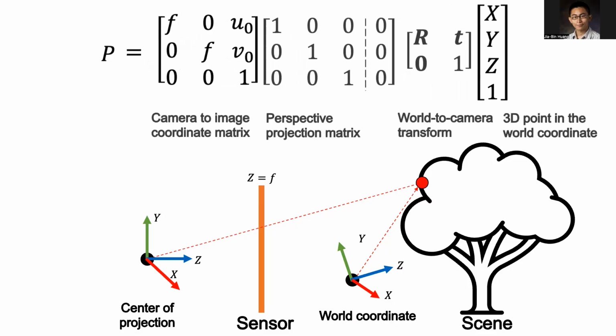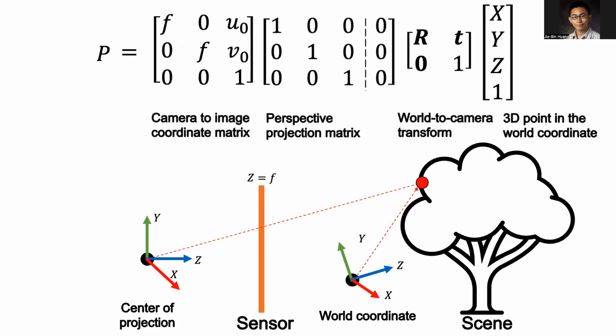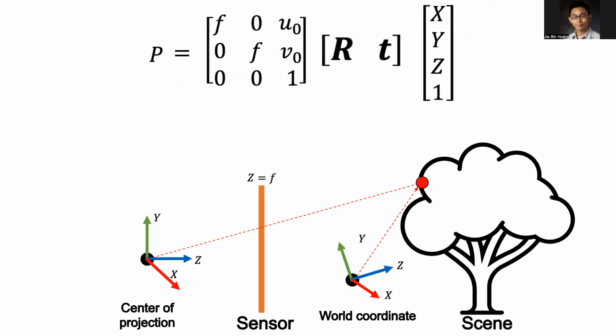Because it's a projection matrix, here you just drop the last one, so you get something like this, right? So there's a name for these matrices. The first matrix is called intrinsic. That's because it's particularly for the camera. And there's another matrix that's called extrinsic.